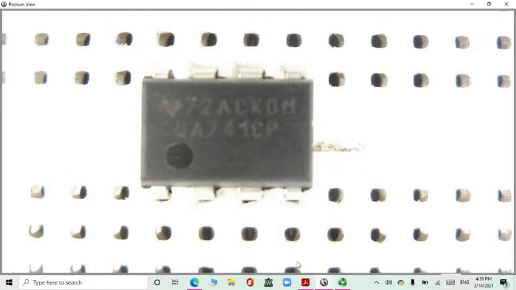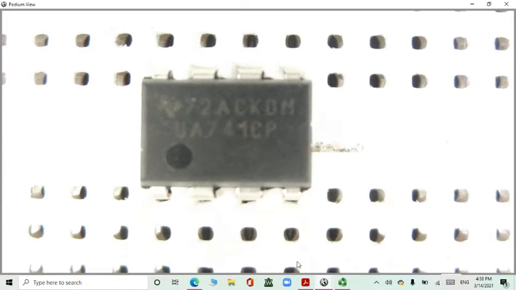As you can see here, there are 8 pins for this op-amp, but only 7 pins are active. What does 7 mean? Only 7 pins are active.